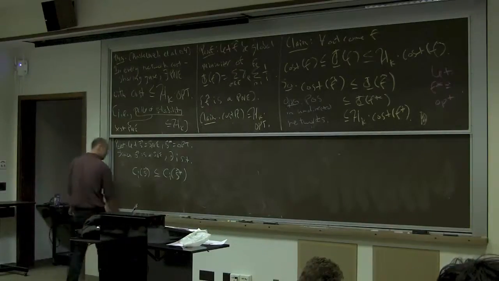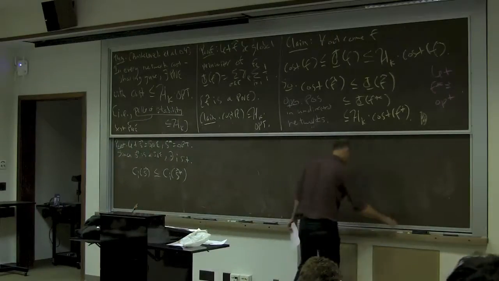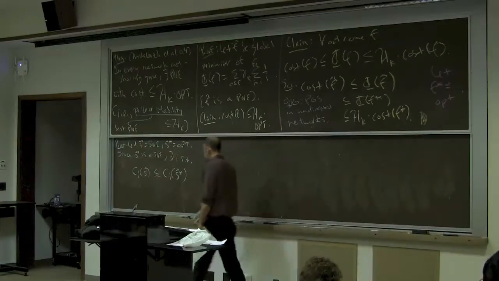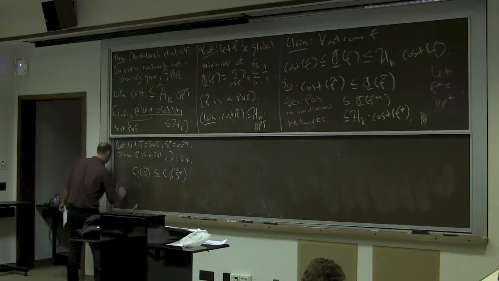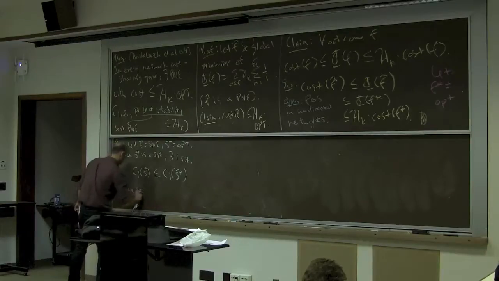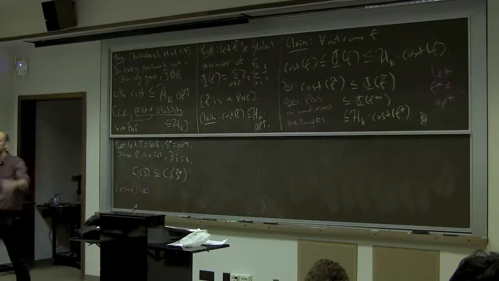Now to make sure the notation doesn't get out of hand, let's just rename this player I as player K. So it was the alphabetically last player that is worse off if everybody deviates in a coordinated way.